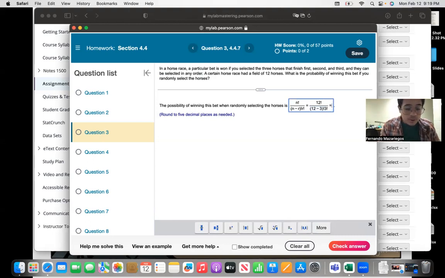So this would be 220. And again, this is the denominator. So we divide 1 by that, which in turn gives us 0.00454.